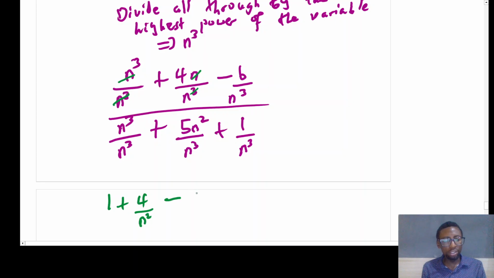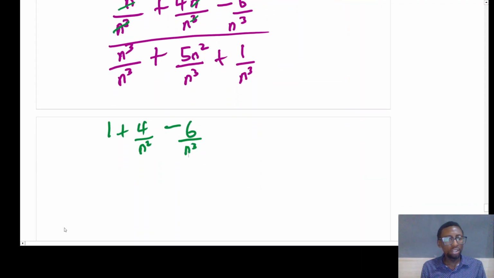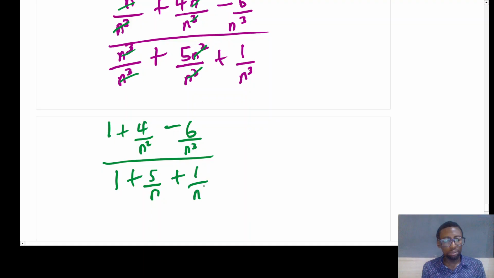This will remain the way it is, minus 6 over n cubed. This cancels this, I have 1. This cancels one of this, I have plus 5 over n. And this will remain the way it is, 1 over n cubed.